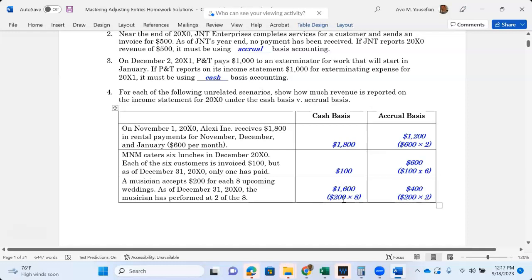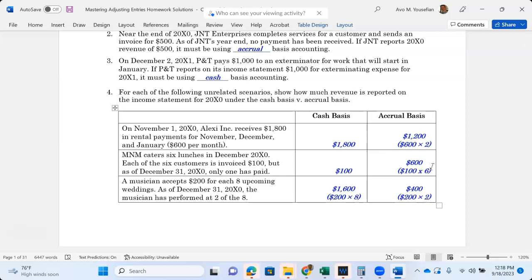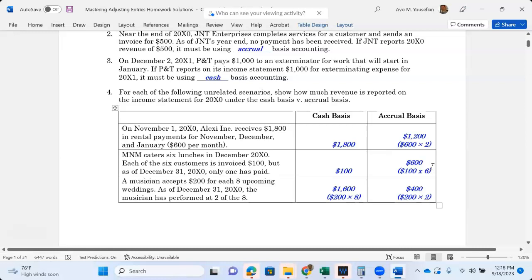Job is done, so revenue has to be recognized. So in this scenario, under accrual basis, you have $600 of revenue, T account. You have $100 cash in the cash T account, and you have $500 accounts receivable in the T account.